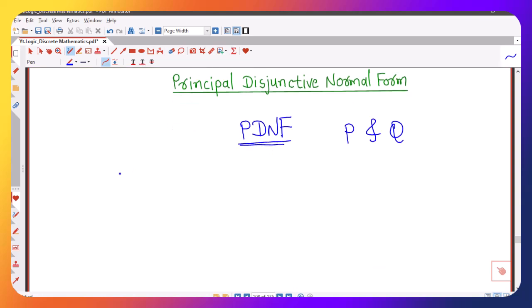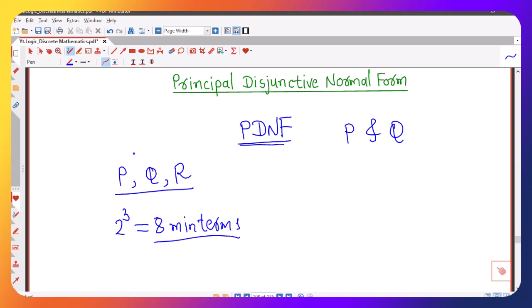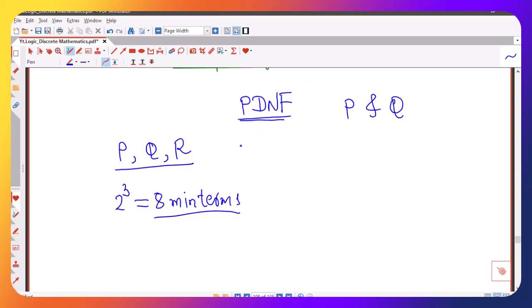But suppose we have three statement variables p, q and r in a given formula, then we will have 2 to the power 3, that is 8 min terms. There are 8 min terms possible in case of three statement variables.